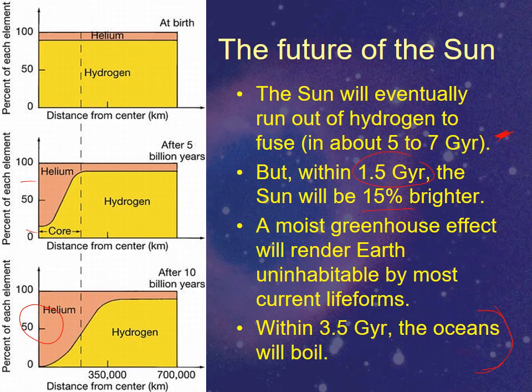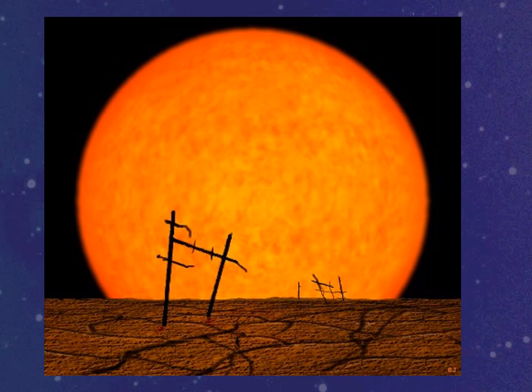So even though the sun has between 5 and 7 billion years left, life on Earth probably has only 1 to 2 billion years left before the sun gets so warm that Earth becomes uninhabitable. So the future of the Earth is kind of like West Texas, hot and dry.